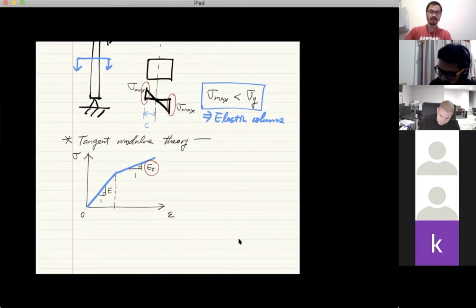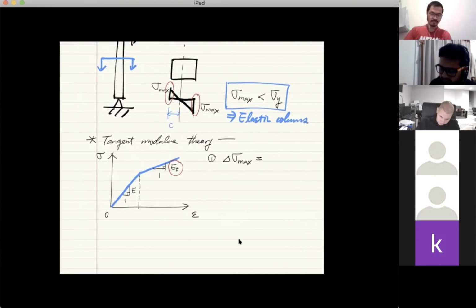Now, when we put it in use, consider the increase of the maximum stress after yielding, that means after this point, because the cross-section reaches the maximum stress starting from here.